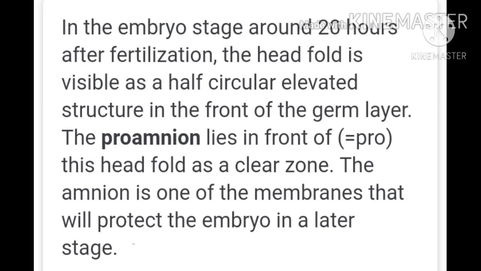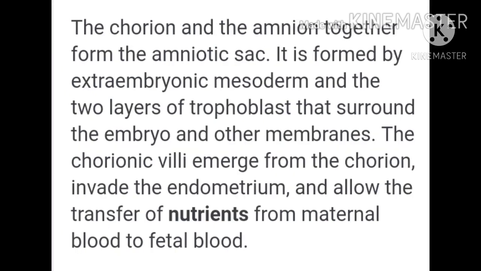The amnion is one of the membranes that will protect the embryo in a later stage. So, from the proamnion, this amnion is developing. Okay. So, the main function of the proamnion is to develop into the amnion, thereby providing protection. Okay. B option in the question is chorion. The chorion and the amnion together form the amniotic sac. It is formed by extra-embryonic mesoderm and the 2 layers of trophoblast that surround the embryo and other membranes.